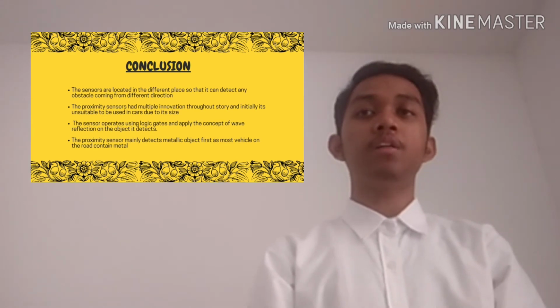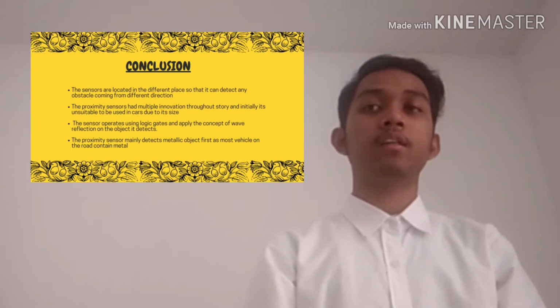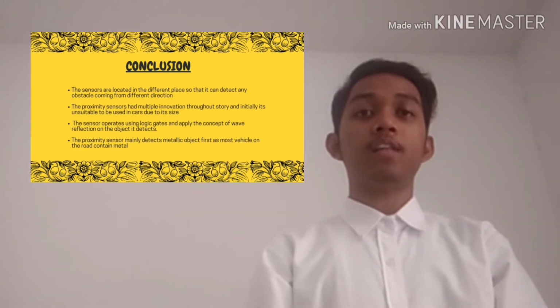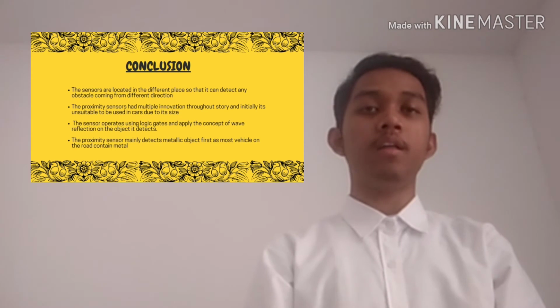Third, the sensor operates using logic gates and applies the concept of wave reflection on the object it detects. And lastly, the proximity sensor mainly detects metallic objects, as most vehicles on the road contain metal.